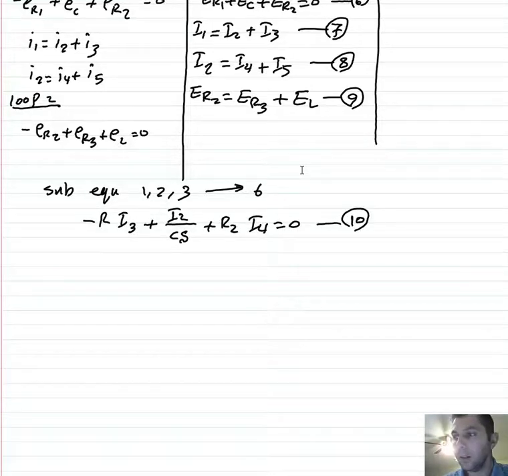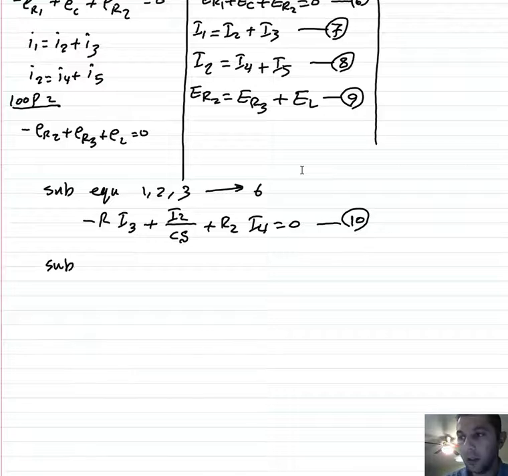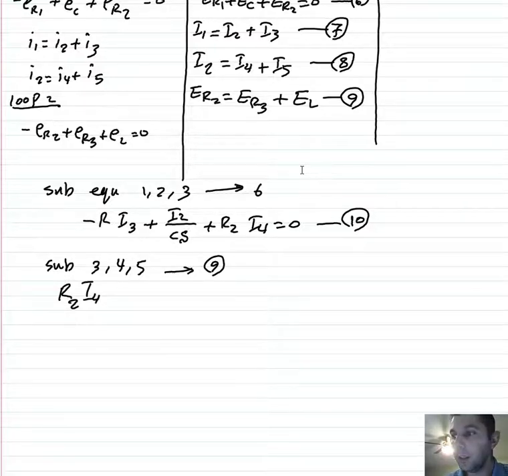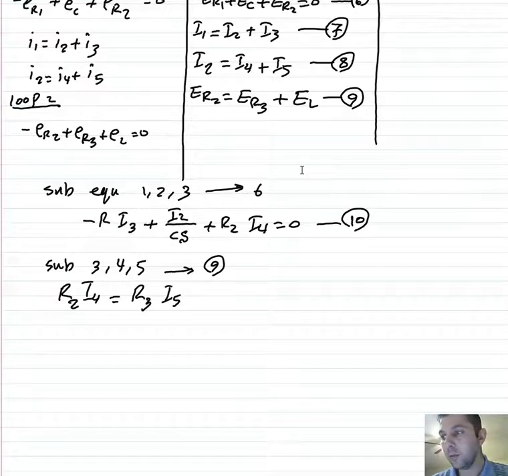This is equation 10. Then we will substitute equations 3, 4, 5 into equation 9, and we will get R2 I4 is equal to R3 current 5 plus LS current 5.